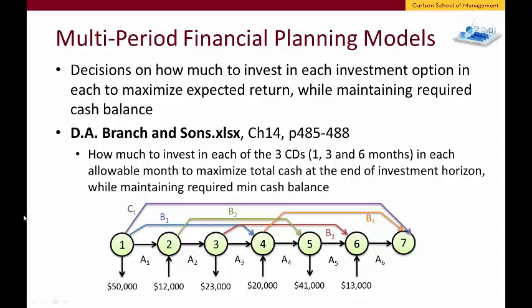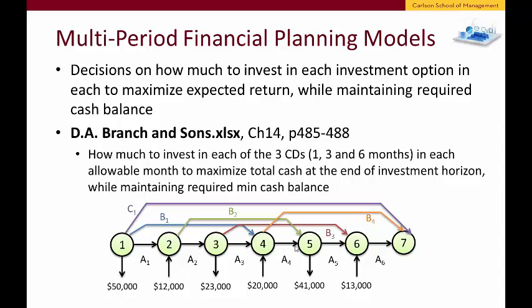For example, month 4 cash balance involves 3 inflows: 20,000 coming from income greater than expenses, which is not related to these CDs, then A3 comes this way, and then B1 comes this way. Then there are 2 outflows, the investment in B4 and the investment in A4. If the sum of inflows minus the sum of outflows is greater than or equal to 10,000, that minimum cash balance requirement is met. And again, the same goes for the other months.